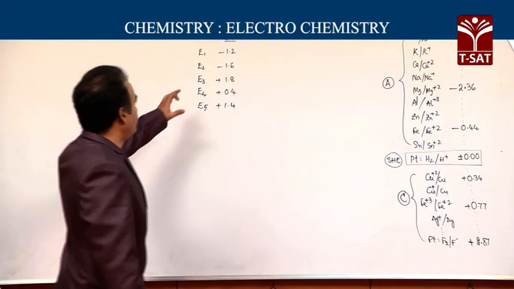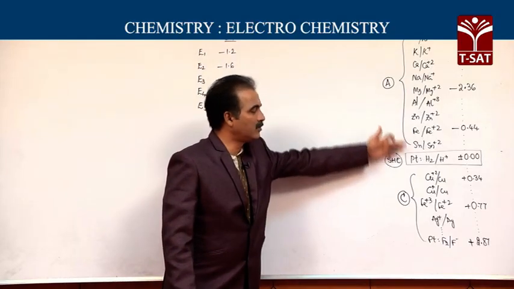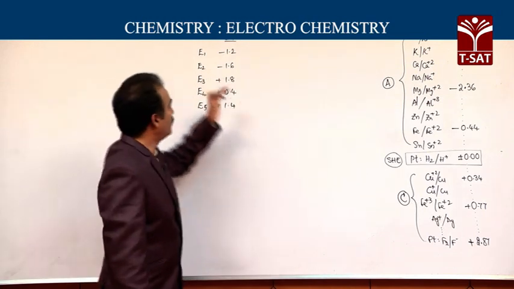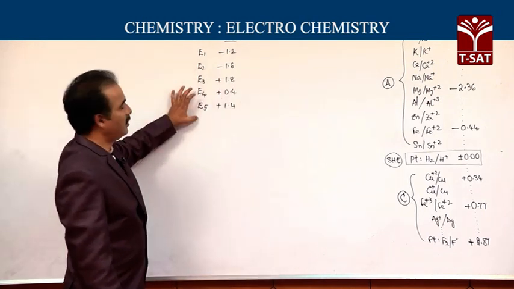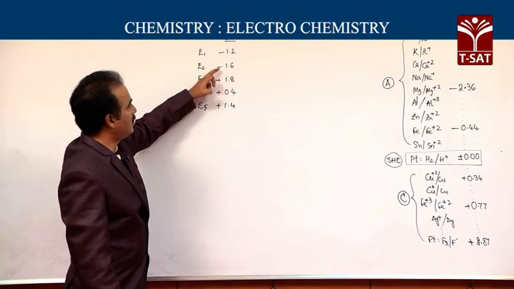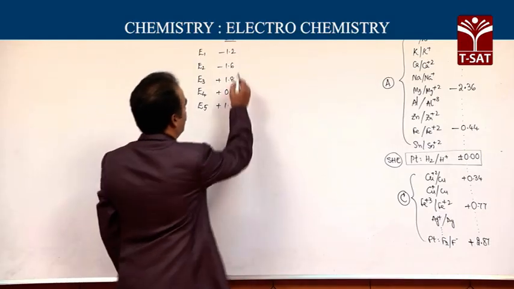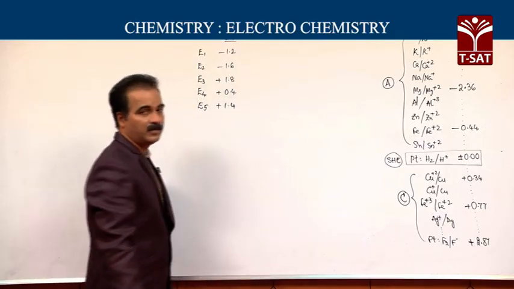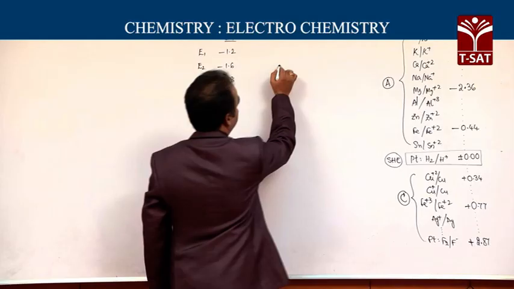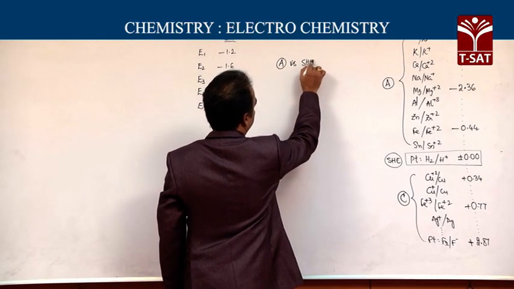How can the electrochemical series be applied? Suppose this is the electrochemical series we know, and I am taking 5 electrodes here. Let us say E1, E2, E3, E4, E5, and their SRP values are given like this. Now, my first question is, which of them will act as anode against SHE?